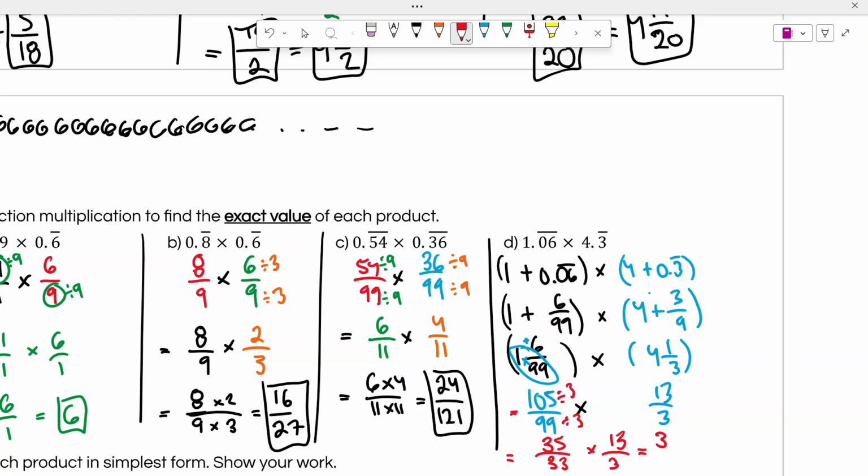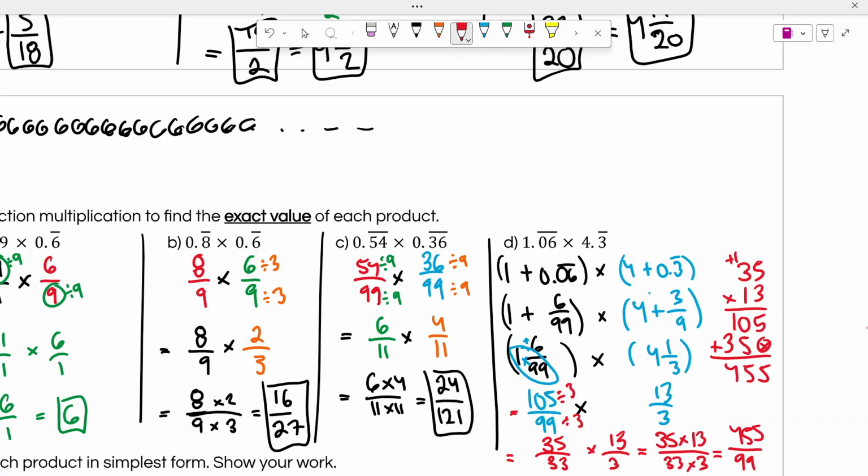So we're just going to do our top times top, bottom times bottom. We get our 99 back on the bottom, and 35 times 13. Let's take a look. 3 times 5, 15, carry 1. 3 times 3, 9, carry 1. Placeholder 0, 1 times 5, 1 times 3. 455, I believe.